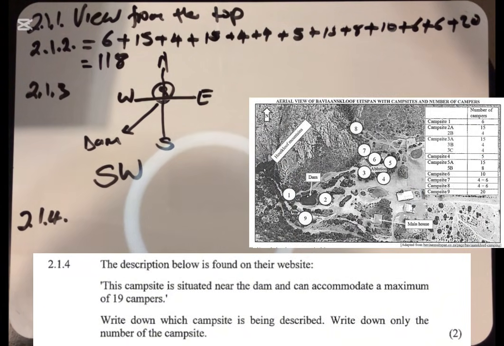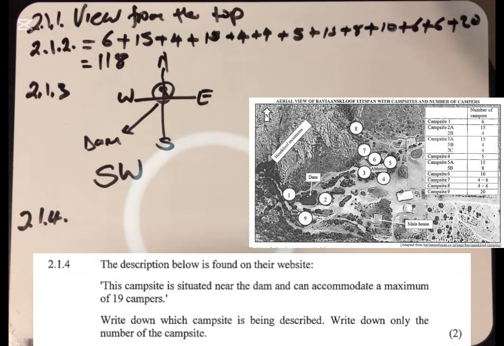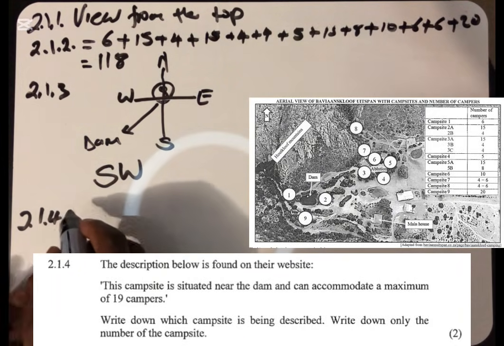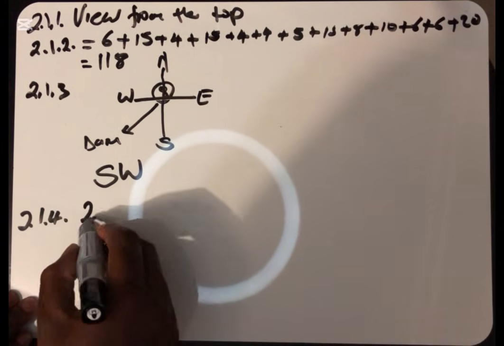So near the dam, campsite 1 accommodates 16, 2 accommodates 19, 9 accommodates 20. Now this one is saying that it accommodates a maximum number of 19, so it takes us to campsite 2. The question is, write down which campsite is being described. Write down only the number of the campsite. We said it is 2. 2 is the one that accommodates 19. It is campsite 2.